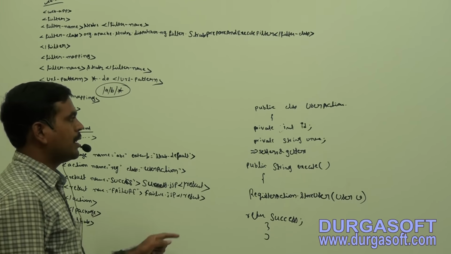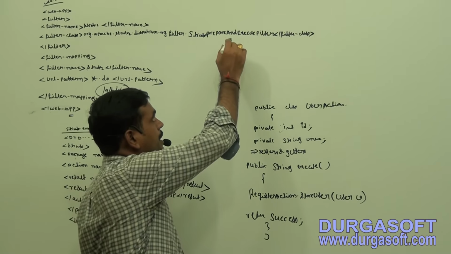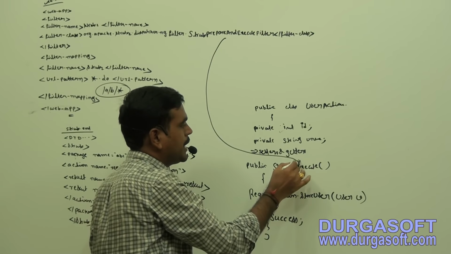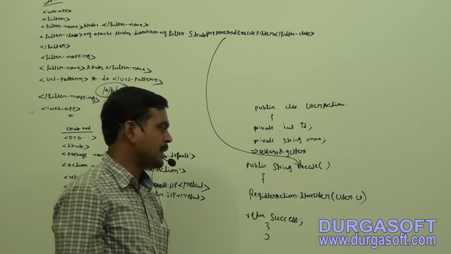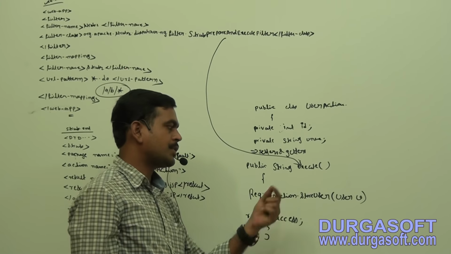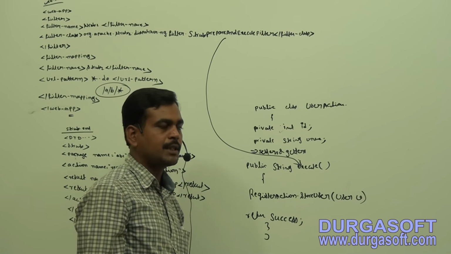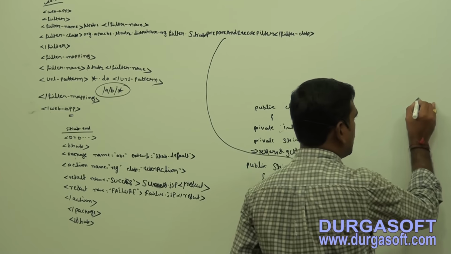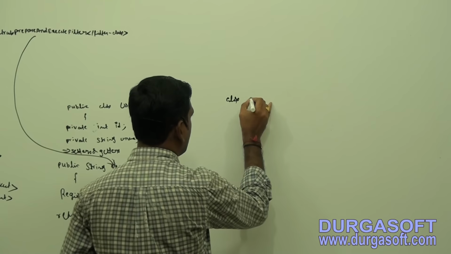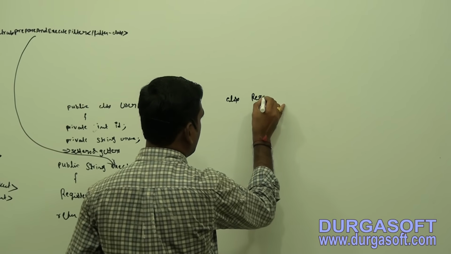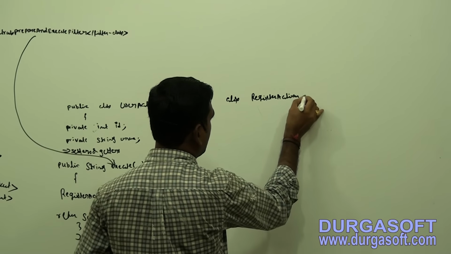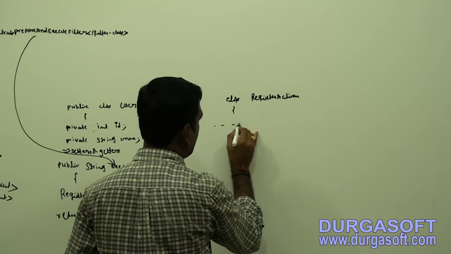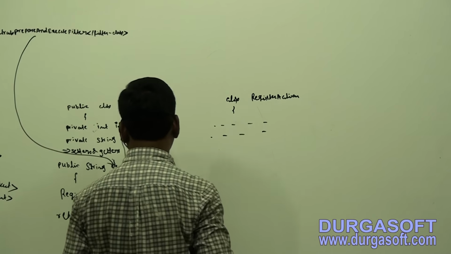Once the application is executed, this controller is going to call this execute method by default. Once this execute method is called, RegisterAction.storeUser is executed, which is another class, RegisterAction.